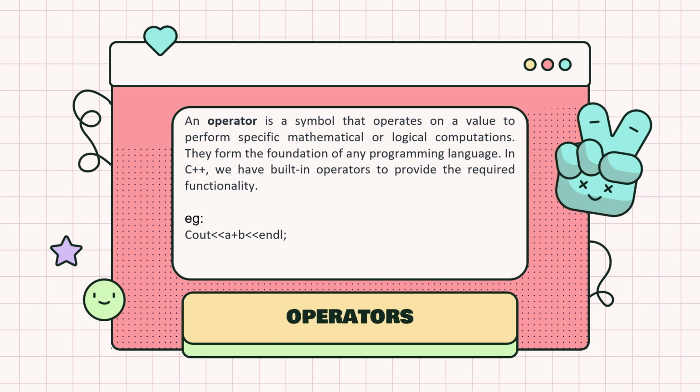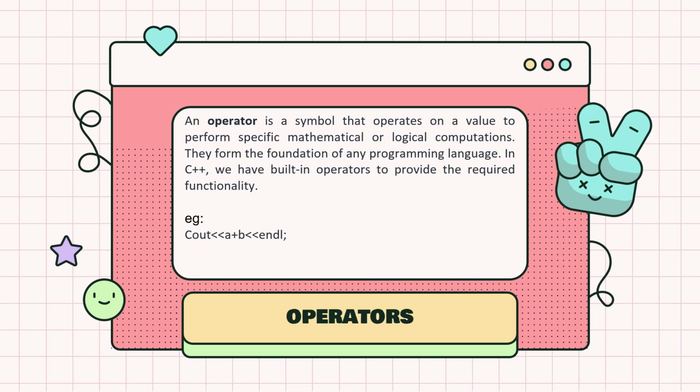So the first question is, what is an operator? An operator is a symbol whose function is already defined by the C++ compiler. They are built-in operators which are used to perform mathematical and logical computation.